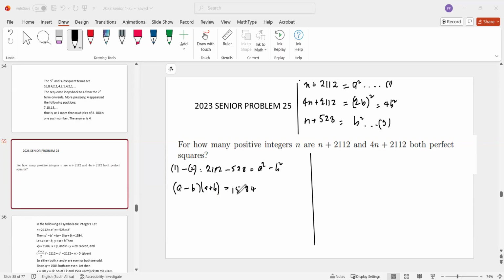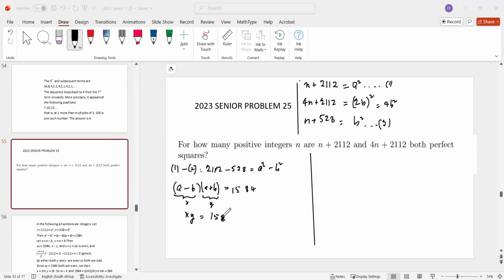So now you've got the product of two numbers is 1584, right? Now, let's call this x, call this y. So you've got that x times y is 1584.